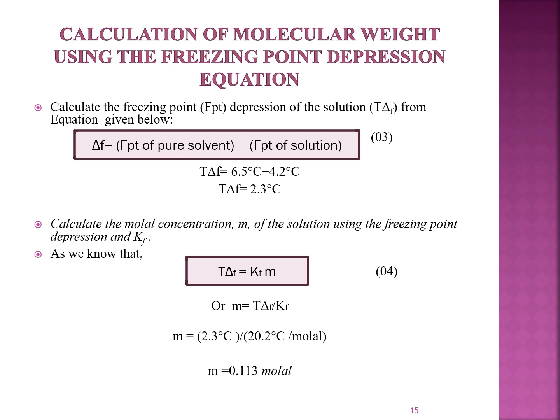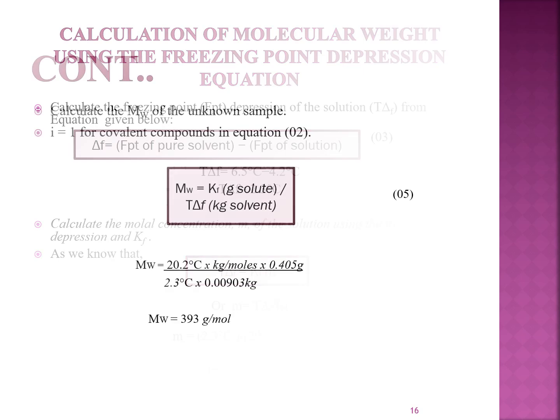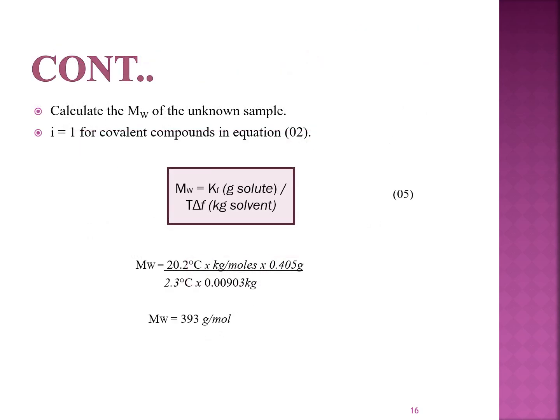By putting in values, we get the molality equal to 0.113 molal. Then for calculating the molecular weight of the unknown sample, we take i equal to 1 for a covalent compound as in equation 2. Then we calculate the molecular weight from the given equation number 5.